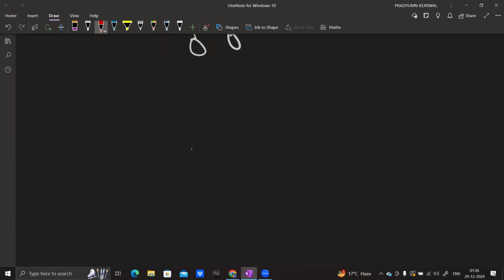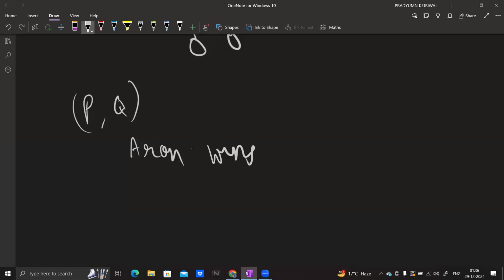Okay, so we want to count the number of pairs P comma Q such that Aaron wins. Aaron should be on a node next to a leaf, but that is actually not sufficient. On his move, he should be on a node next to a leaf, so that he can just move the snake there.